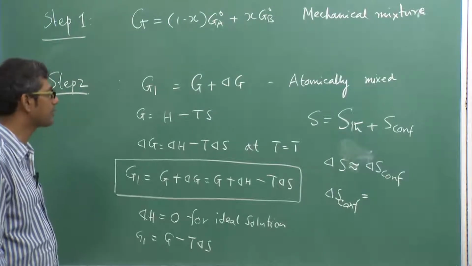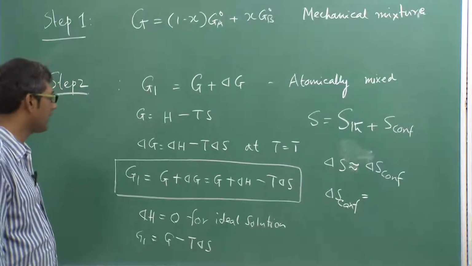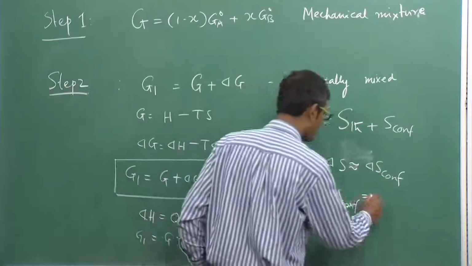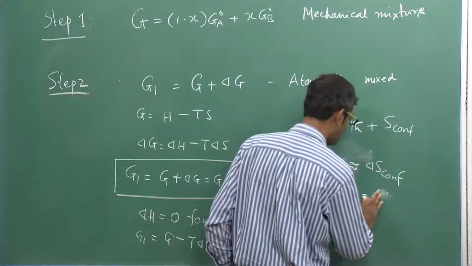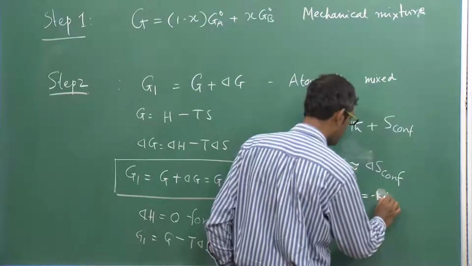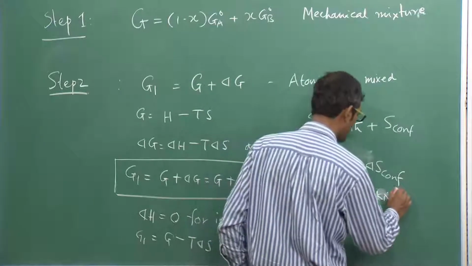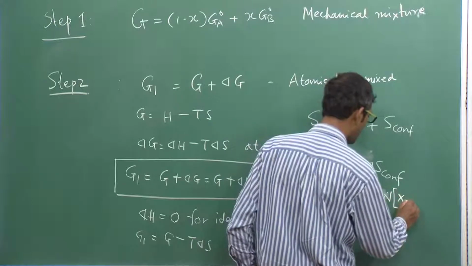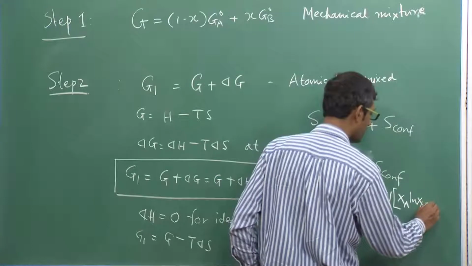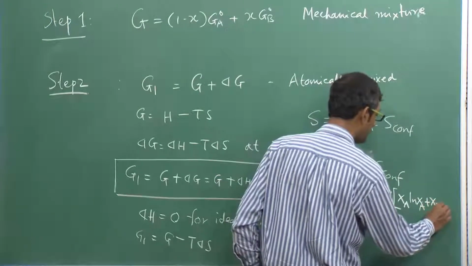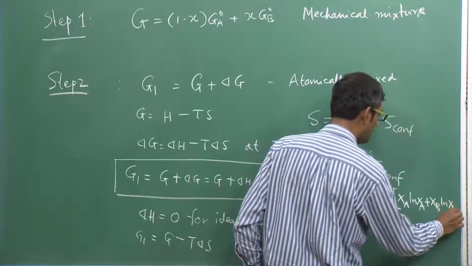Using Stirling's approximation one can calculate that, and for a binary alloy it is equal to minus k multiplied by capital N into x_A log of x_A plus x_B log of x_B.